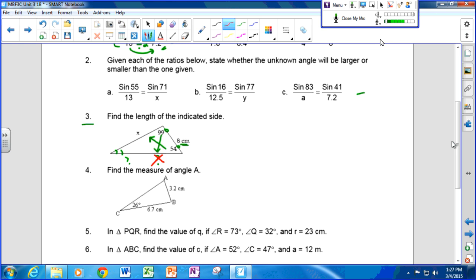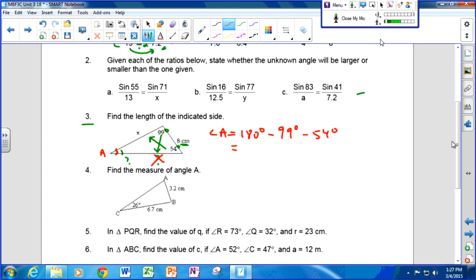We can't work out the side. We could if we had x, but we don't have x yet. Once we get x, we could then work out that other side. But what we can work out right now is this angle right here. Let's call it A. So angle A is equal to 180 degrees minus 99 degrees minus 54 degrees.